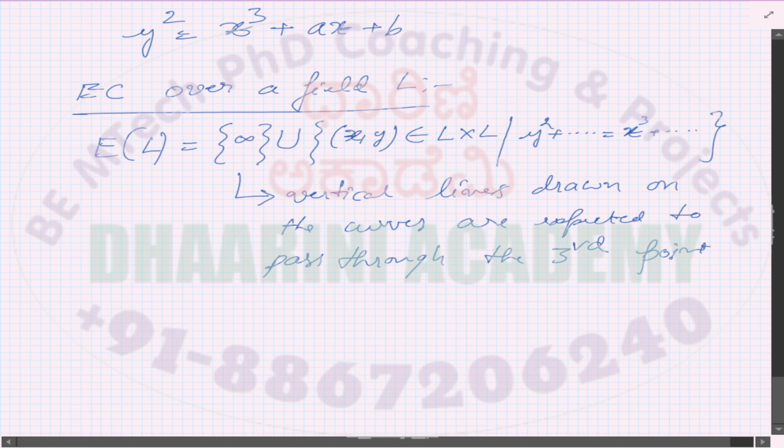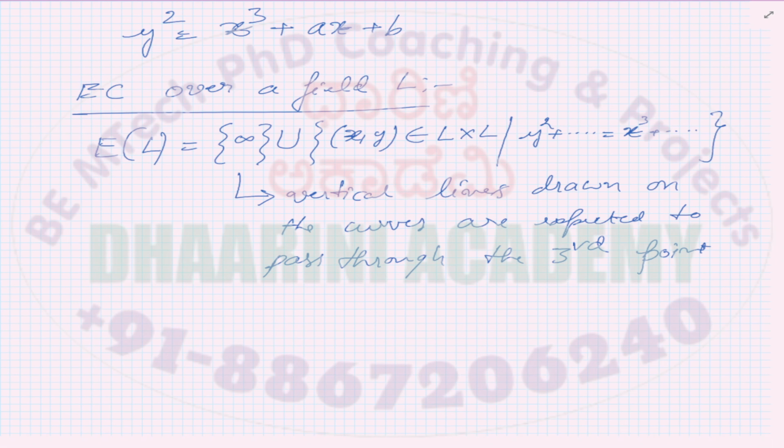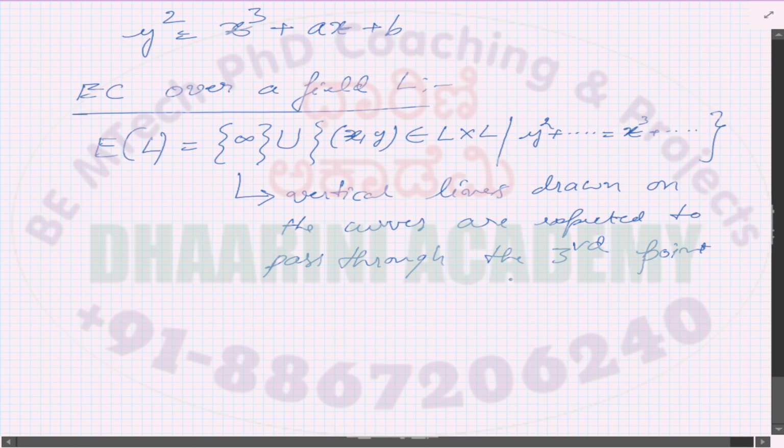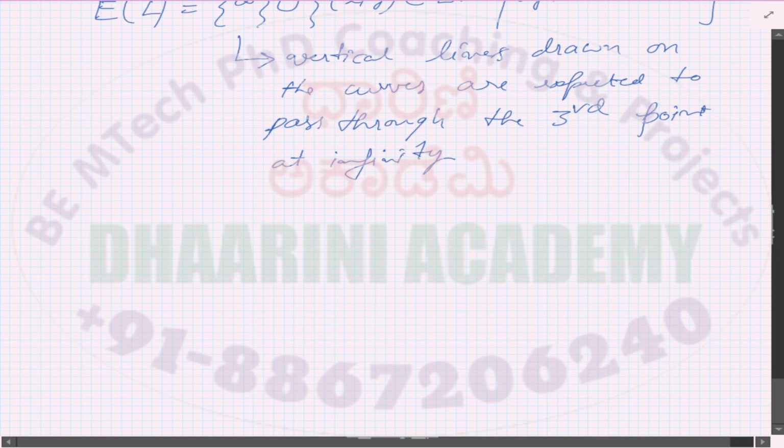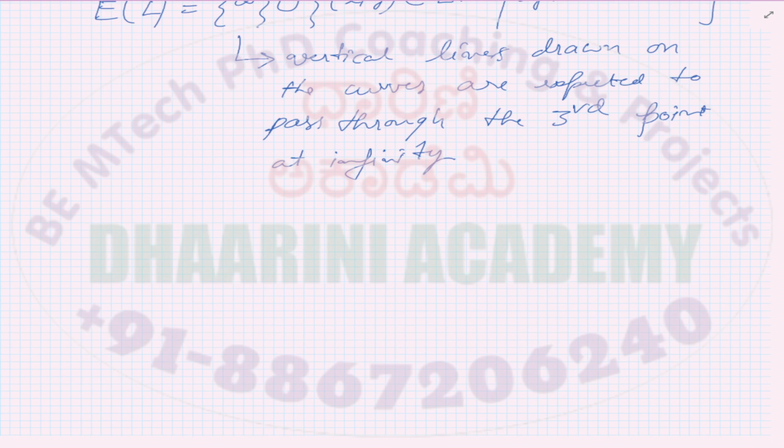Because we know that whenever you draw a line through 2 points, the third point should be obtained, correct? It's the same point. I'm saying the same thing, but maybe my wordings are different. So I'll tell you. I'll draw something just to justify this.